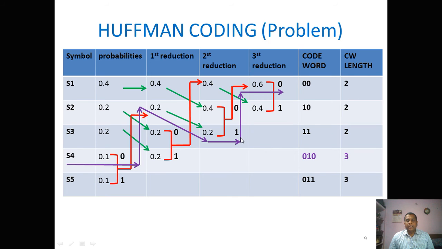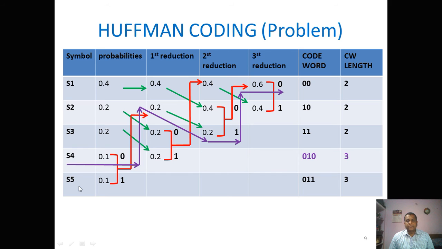Then from there, in the second stage, it is brought down to the logic symbol 0, and the logical symbol 0 is written from the right to left part. Right now the code word formed for the symbol S1 is 010.